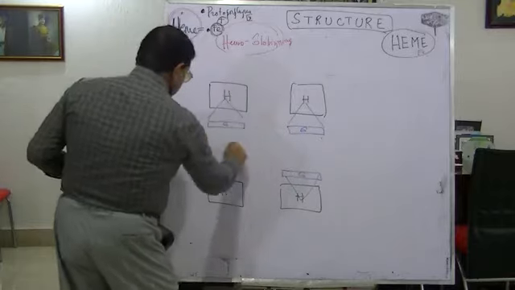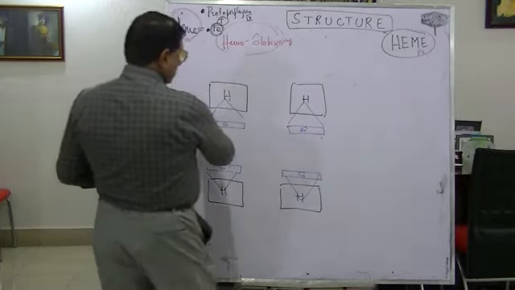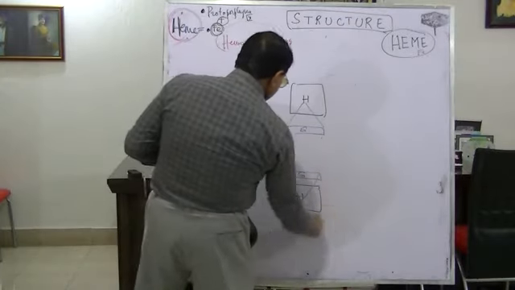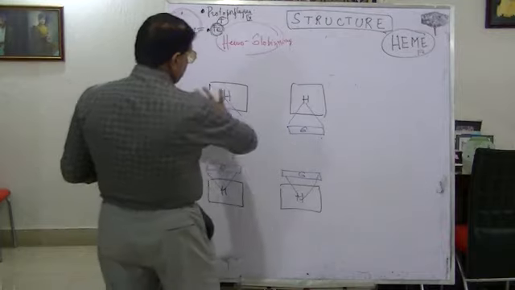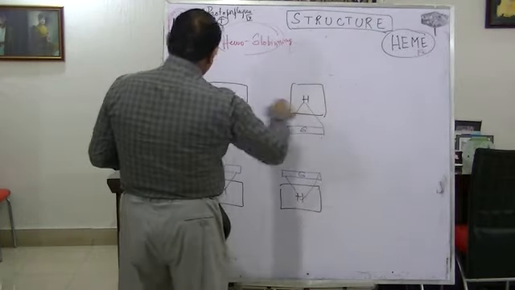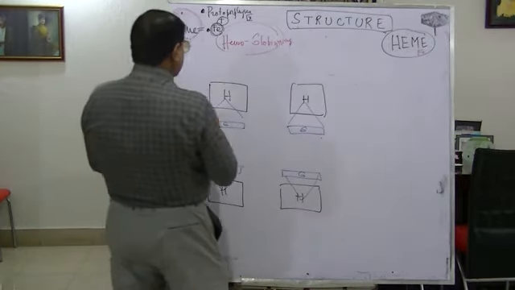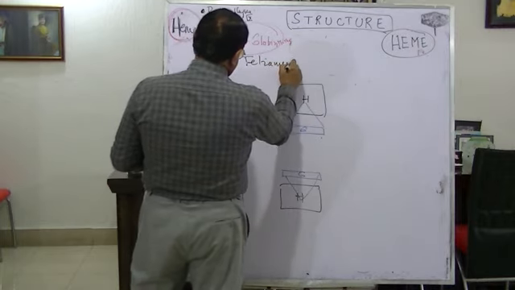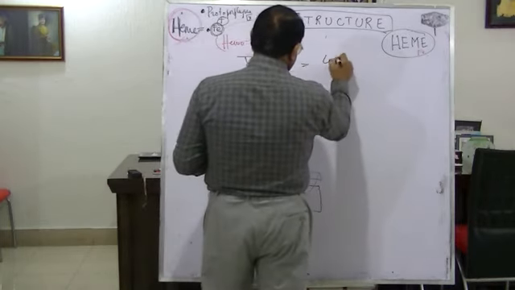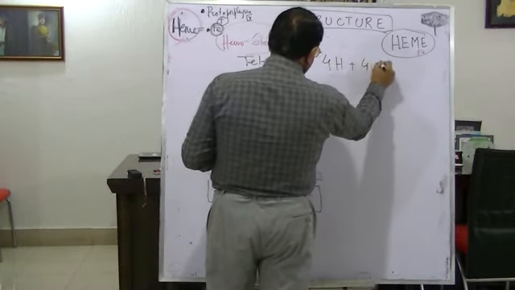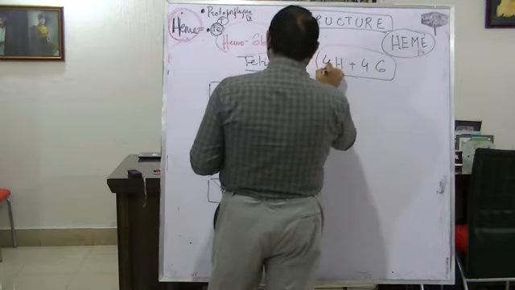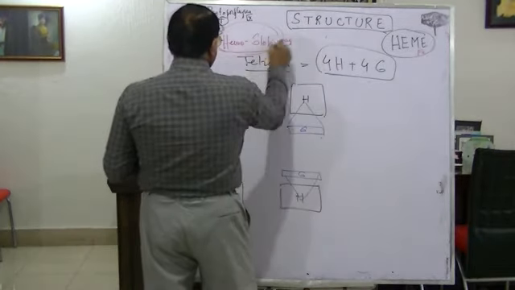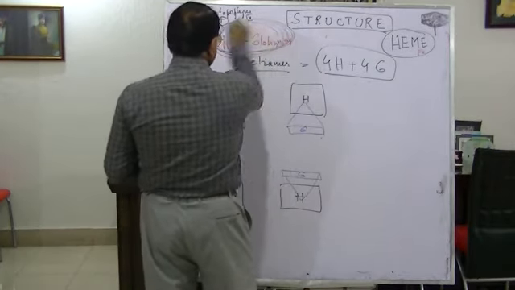This one was the structure of myoglobin. But when there are four, that is, it is a tetramer. That is 4 hemes plus 4 globins. Then the structure is hemoglobin.